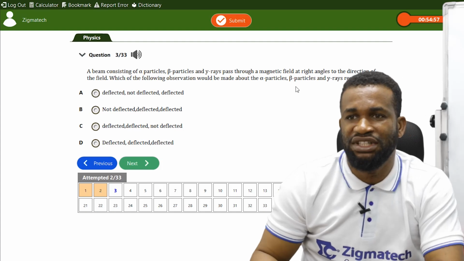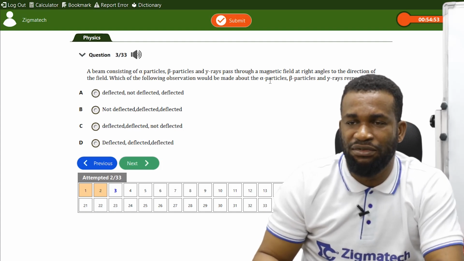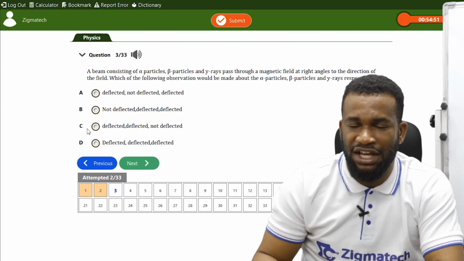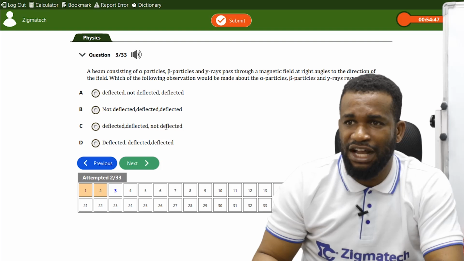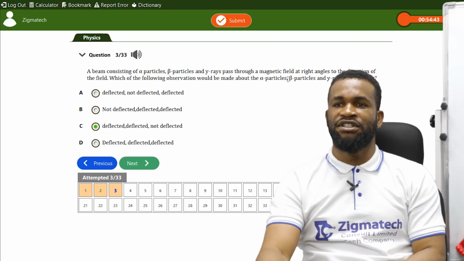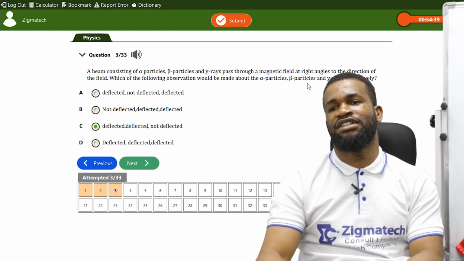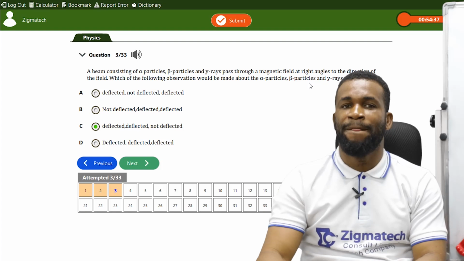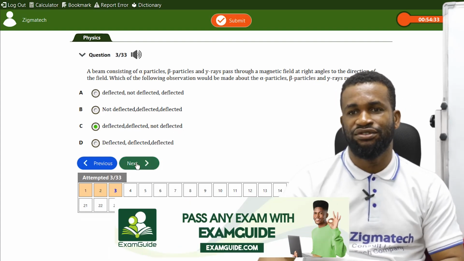That's not true. Beta must be deflected. Alpha not deflected is not possible. Alpha must be deflected. Alpha deflected, beta deflected, gamma not deflected. This is the correct option because alpha must be deflected because it's a positive charge. Beta must be deflected because it's a negative charge. And then gamma does not have charge, so it should not be.